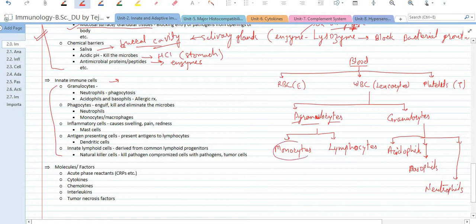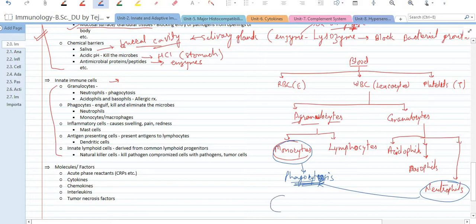Monocytes and neutrophils both have phagocytic activity. I'm using red color so you can understand easily. So these work as phagocytes, meaning they perform phagocytosis, which means they directly engulf the pathogens.